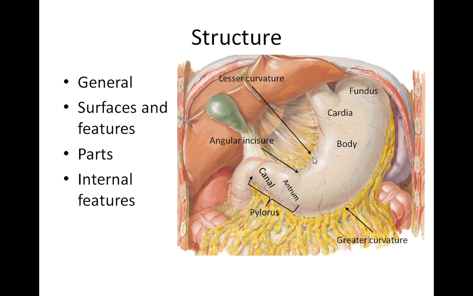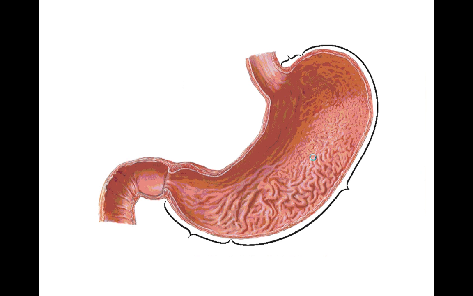Alright, now we're ready to talk about the internal features. Well, the internal features are basically its mucosa is thrown into prominent gastric folds or gastric rugae, and that's basically the main part of the internal feature.